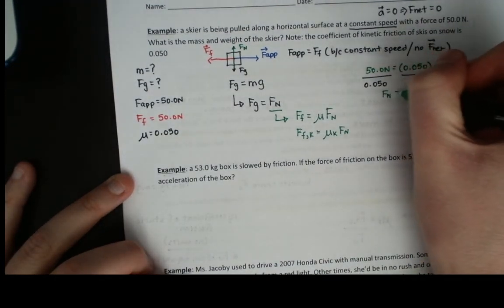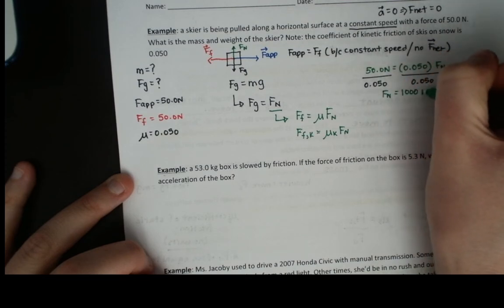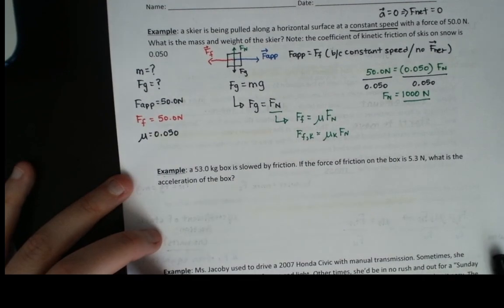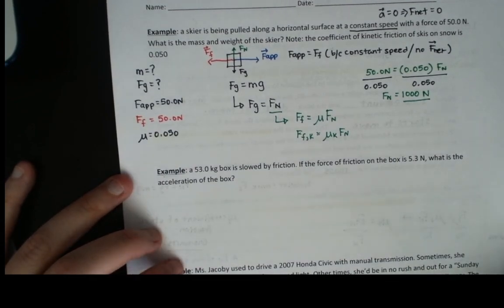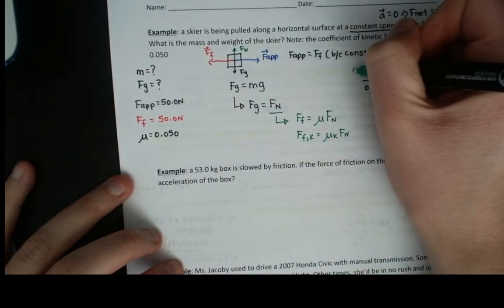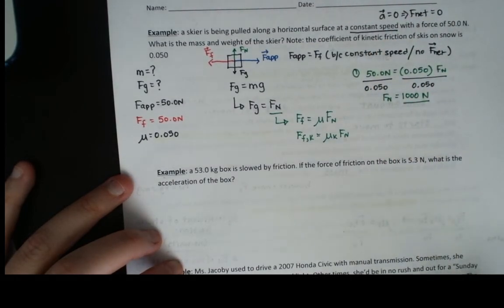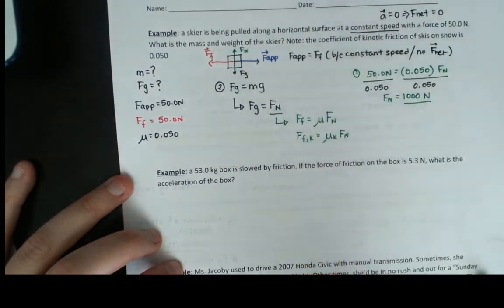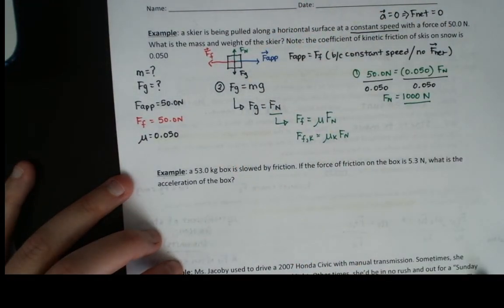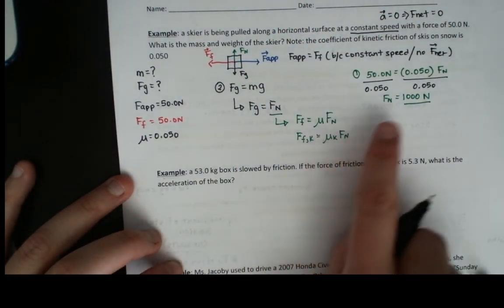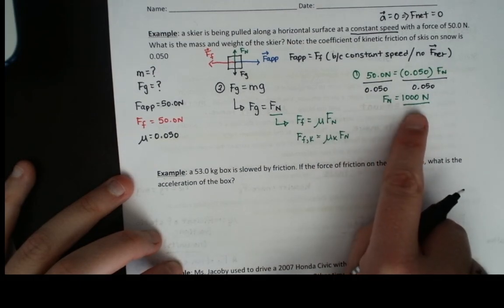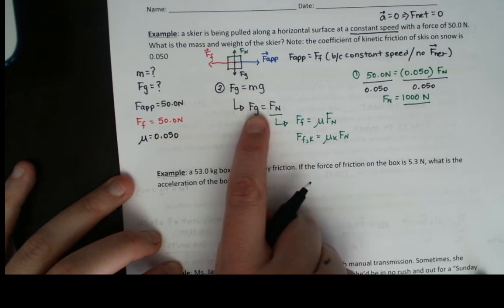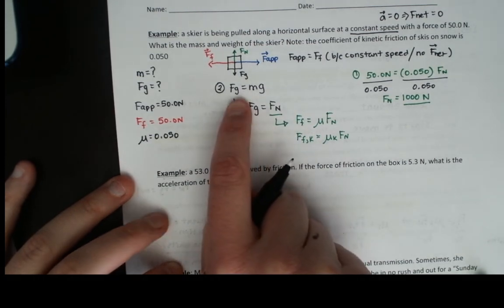So normal force equals 1,000 newtons. Okay? Now we still have to go back. So I'll call this step 1. Step 2 is we're going to have to go back and use this equation. Okay? So now that we know normal force is really equal to gravity, once we know Fg, we can go back and solve for m.